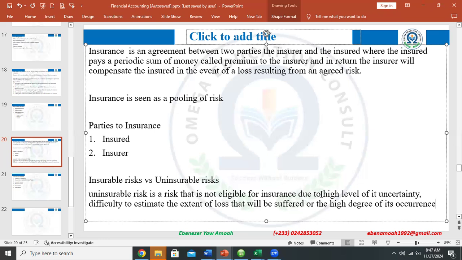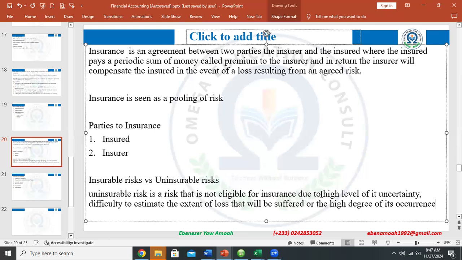Imagine if you are in such an area and you go to the insurance company to insure, they won't, mind you, because they know that in that area the frequency of flood occurring is like 100%. So they can't put themselves in such a position where they would have to be compensating you when the frequency of the occurrence of the loss is very high. So that is for the uninsurable risk.